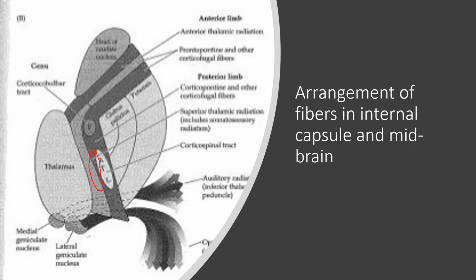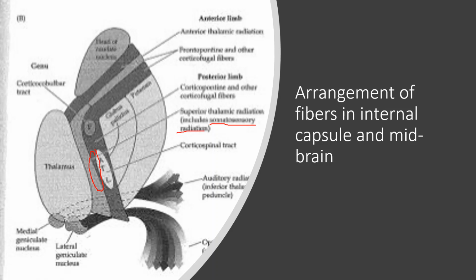All the sensory fibers come to the thalamus. You would have read about it when you went through the courses of many of the sensory tracts, and they come very close to the pyramidal tract in the internal capsule. We call it the somatosensory radiation, the skin sensation radiation from the thalamus.